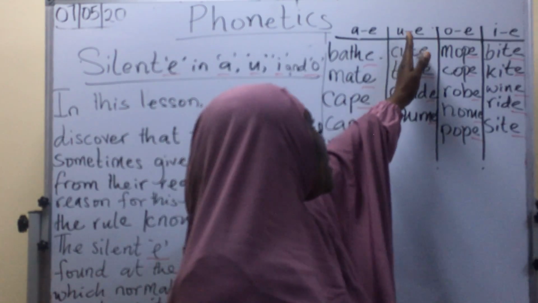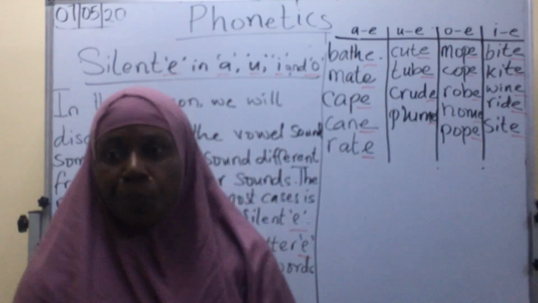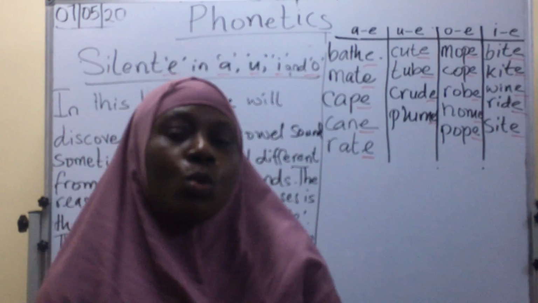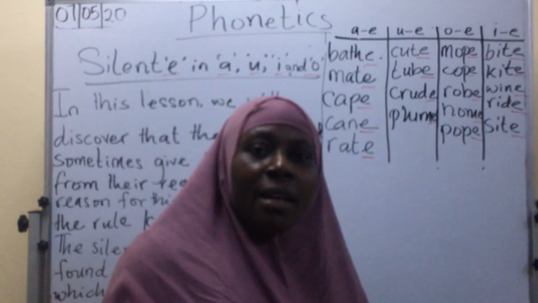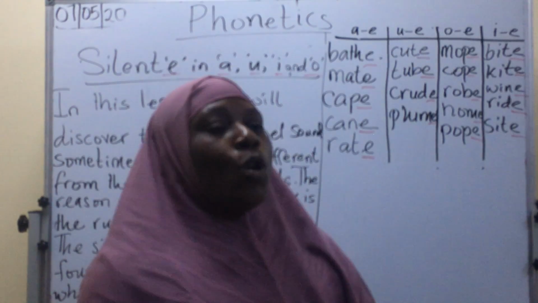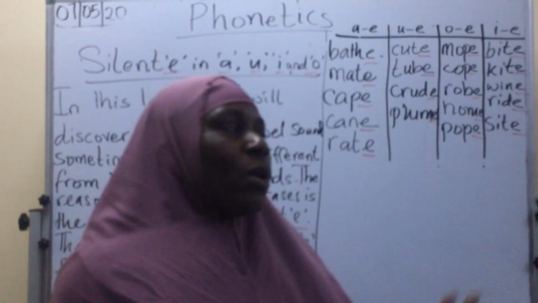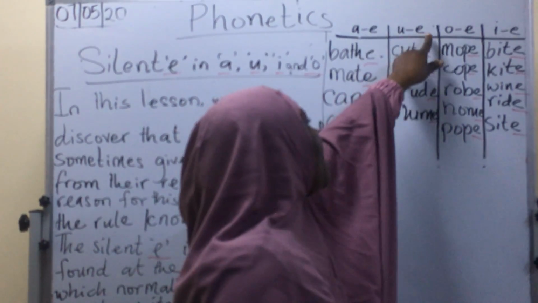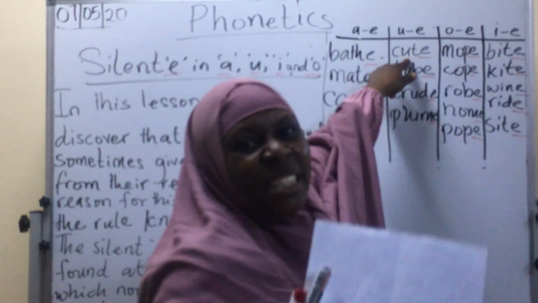We want to look at, again, the silent E as it affects U. It's still the same rule. U sounds like U, or sometimes sounds like A, as in umbrella, cap, bus, or U as in put, in words. But in these lessons, because of the silent E here, U says its name.